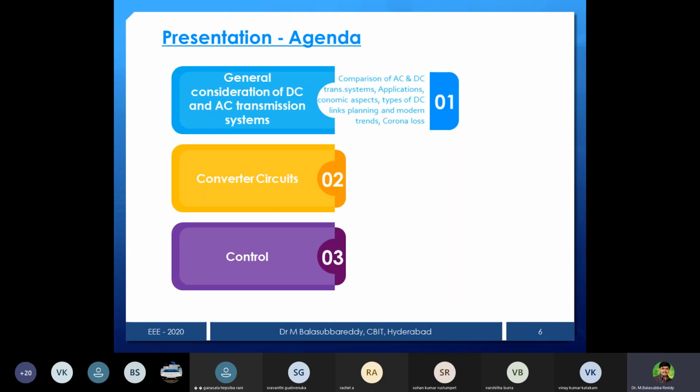The rating of the device is also very high, and one thyristor is not sufficient for the circuit. Suppose we consider a 6 pulse converter, how many thyristors are required? Anybody? Six thyristors are required.